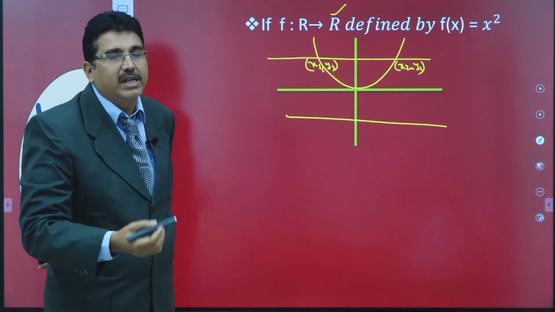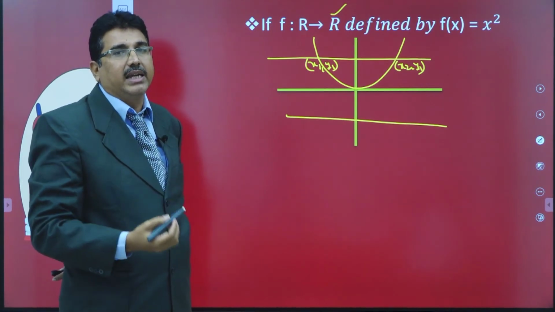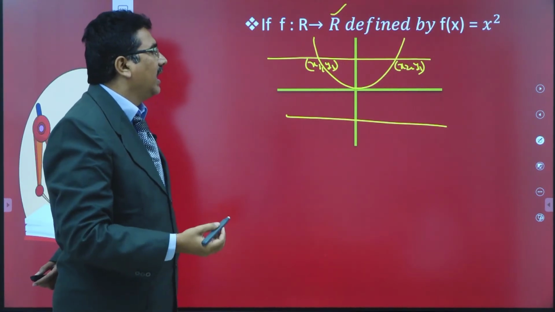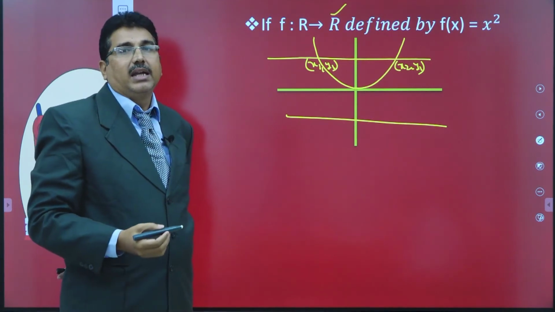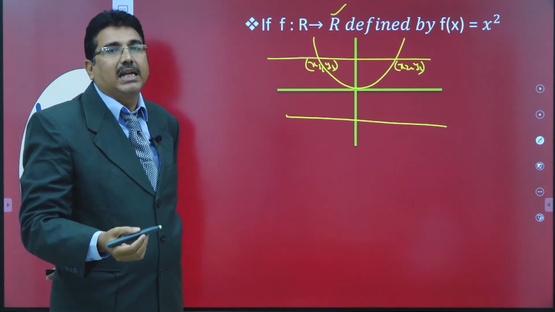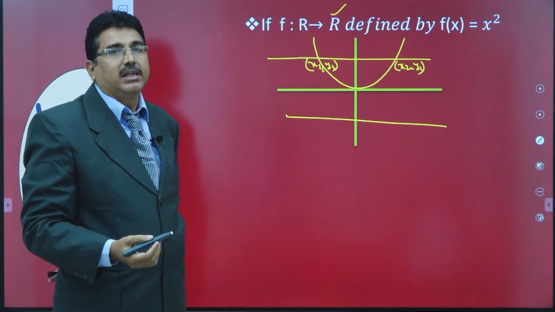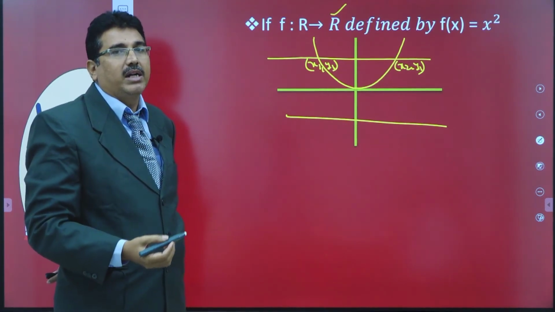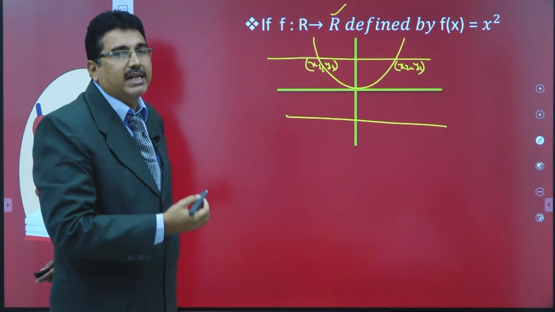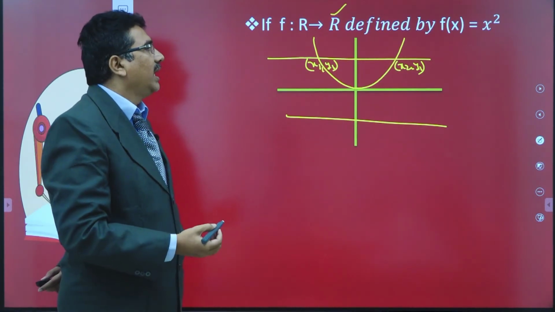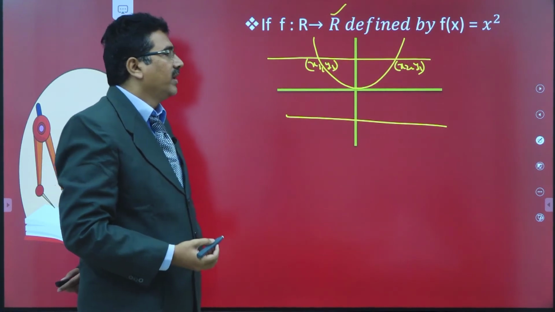The actual definition for an onto function is that any horizontal line from the points on the codomain intersects the graph at least at one point. But here the horizontal line does not intersect the graph, therefore it is not onto.